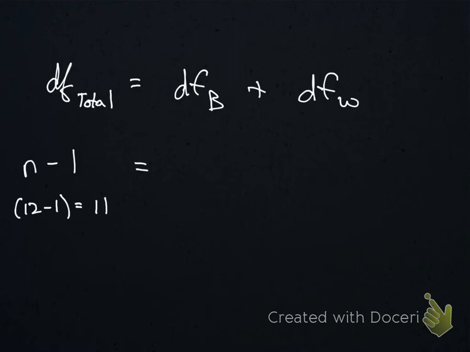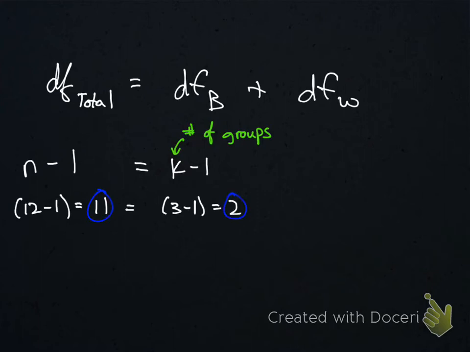One is going to be the degrees of freedom between. The degrees of freedom between is k minus 1, where k is a reference to the number of groups total. So here it's 3, SFU, UBC, and CAP. So it would be 3 minus 1 equal to 2. And that leaves us with the degrees of freedom within.